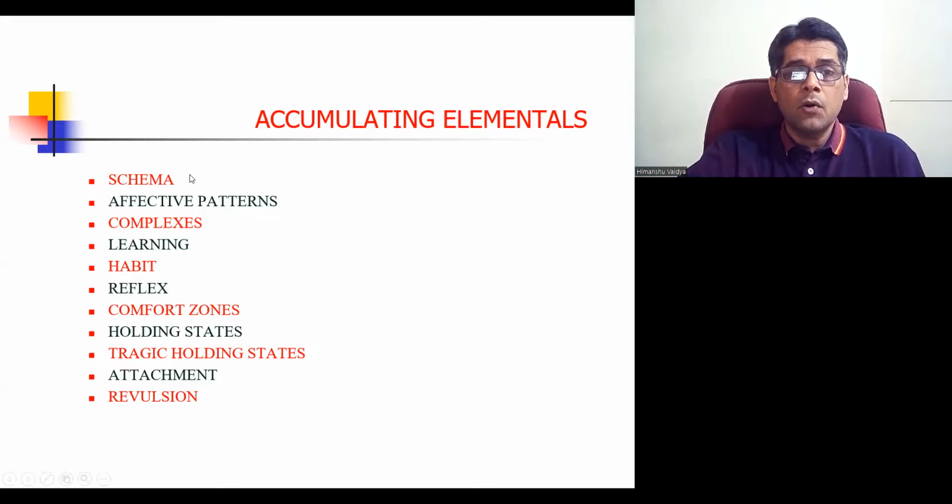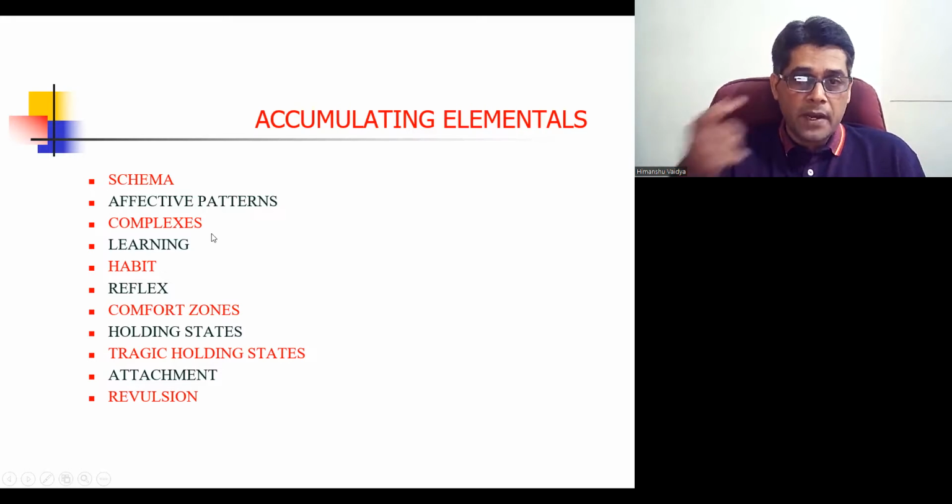Schema we all know about, and this accumulation happens both consciously and unconsciously. Schema we all know. How schemas, how templates get created, how affective patterns get created in responding to particular events.